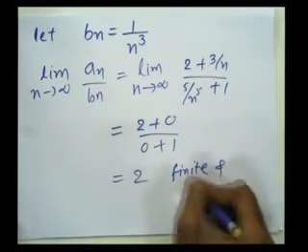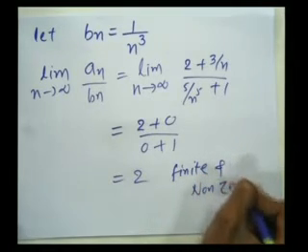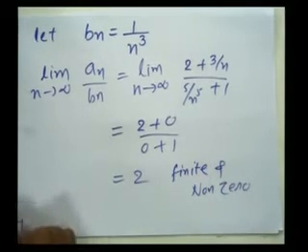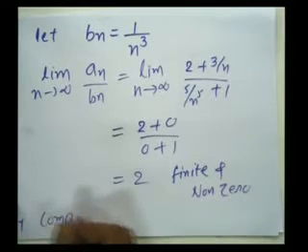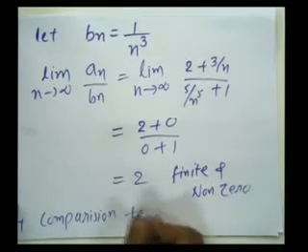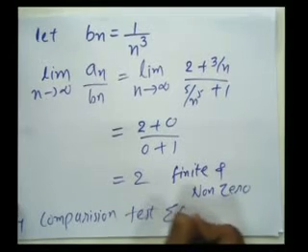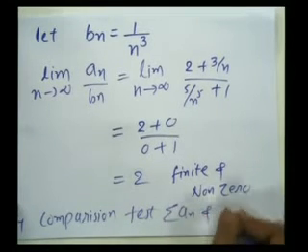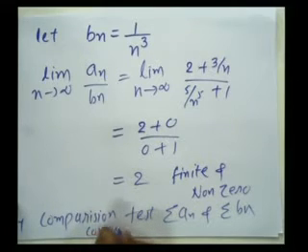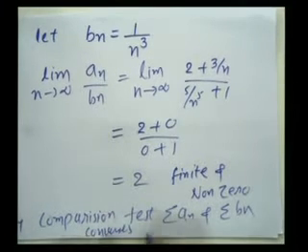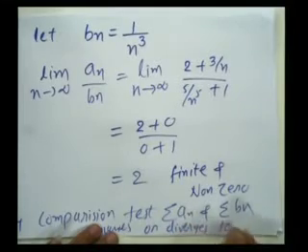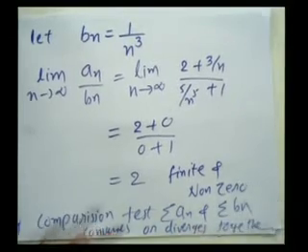and non-zero. Okay, so by comparison test, sigma an and sigma bn converge or diverge together, right?